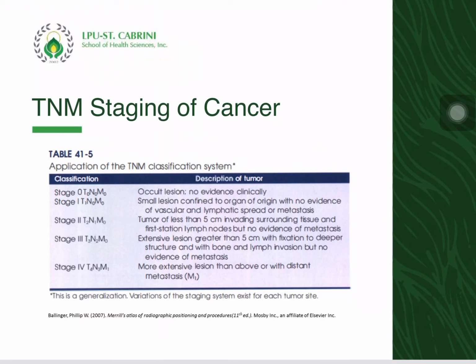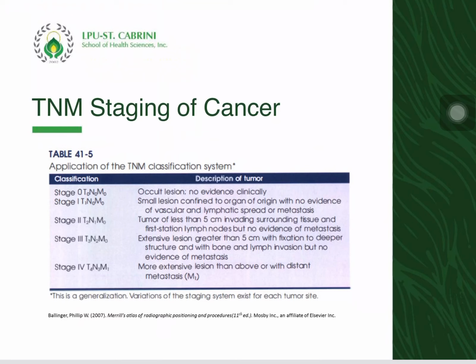Kumbaga lumalaki yung small lesion na nakita natin for stage 1. So for the stage 3, we can see that the tumor has 3, the nodes has 2, and the metastasis has 0. It means that the tumor is greater than 5 centimeter, with fixation to deeper structure and with bone and lymph invasion but no evidence of metastases.